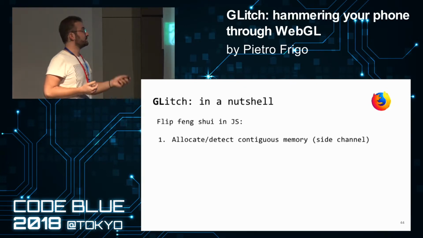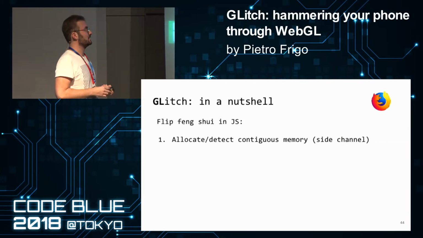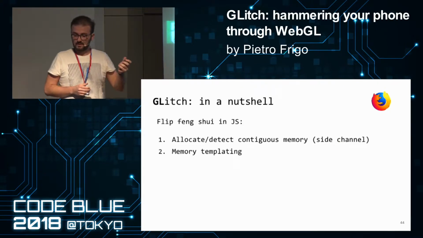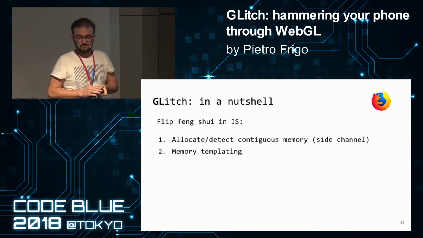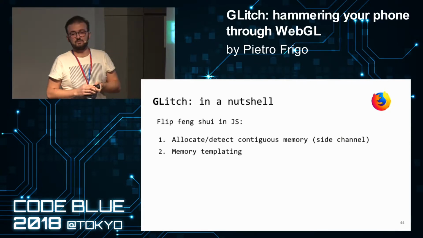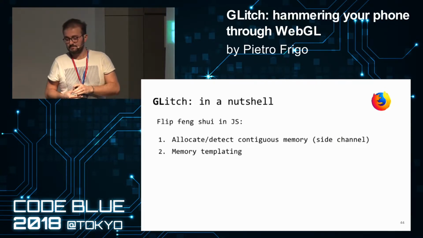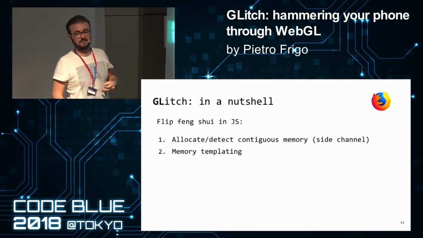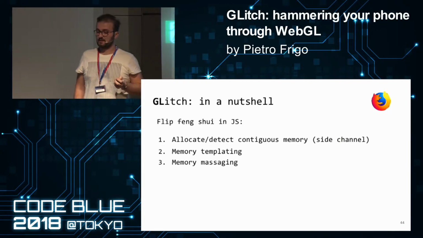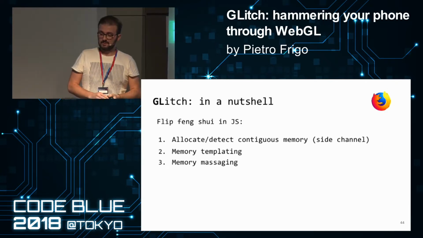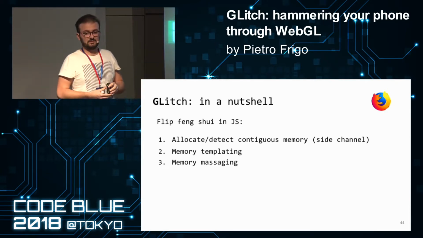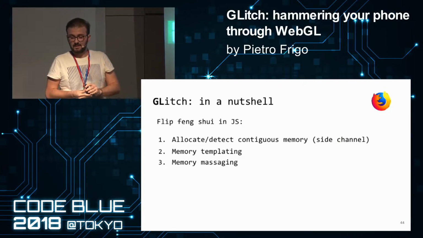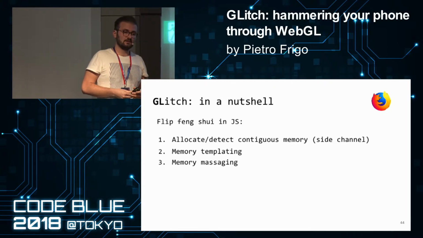So the first step, which is specific for our attack, is you need to allocate and detect contiguous memory. So we use our side channel. Then what you need to do is memory templating. So memory templating is the process of looking for exploitable bit flips. And basically, you just allocate a big chunk of memory, and then you start scanning for these bit flips until you find them. Then you perform memory massaging, which is the process of releasing this texture that you found with the vulnerable cell, and trigger the allocation of sensitive data.